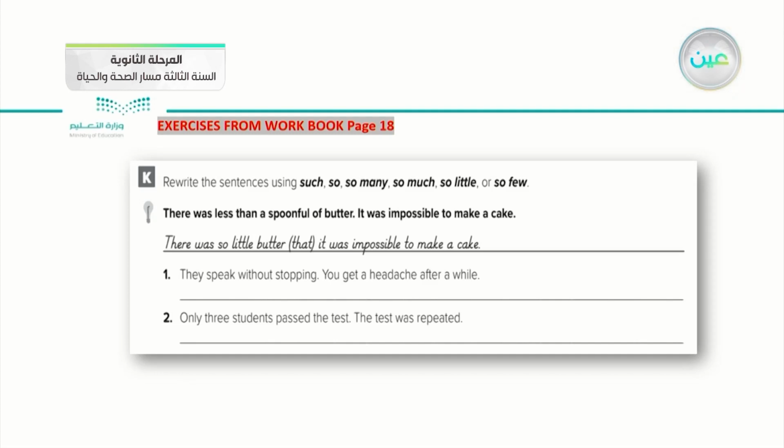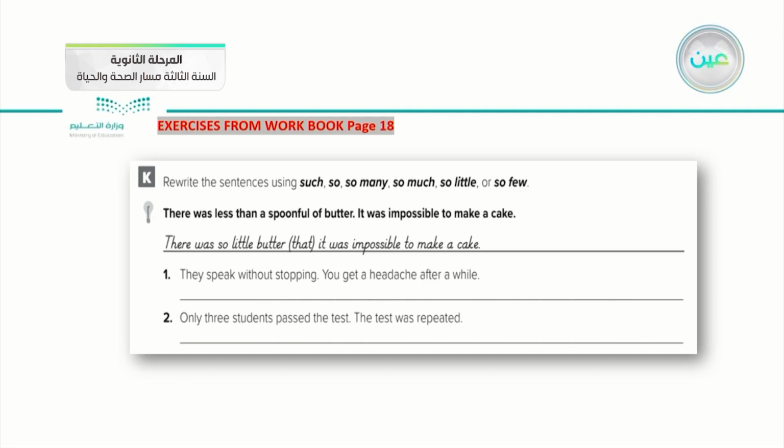It was impossible to make a cake. The first one is the model. There was so little butter that it was impossible to make a cake. So they join these two sentences, the main clause with the result clause by that, which means they give a cause and a reason.